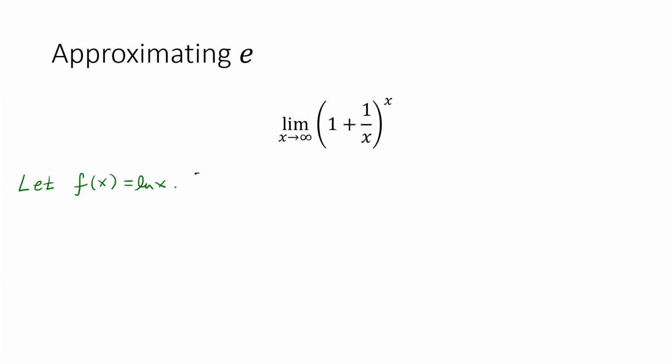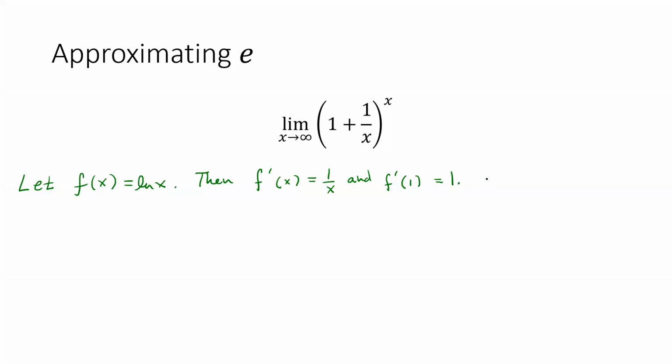We already know that we've established that f prime of x is equal to 1 over x, and in particular f prime of 1 is equal to 1. This is something we've already established, but let's unpackage it in a different way.